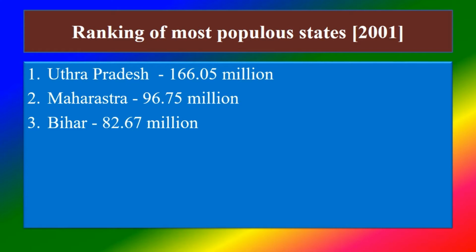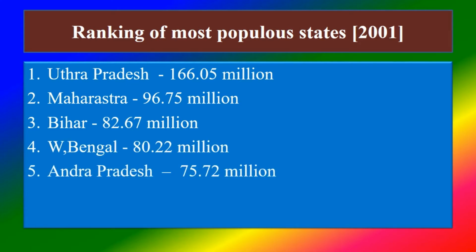Third, Bihar, 82.67 million. Fourth, West Bengal, 80.22 million. Fifth, Andhra Pradesh, 75.72 million. Sixth, Tamil Nadu, 62.11 million.